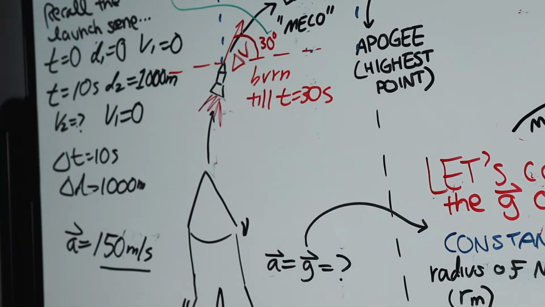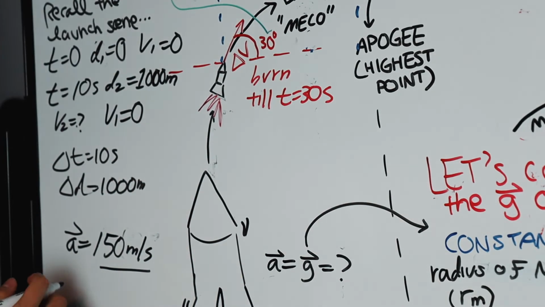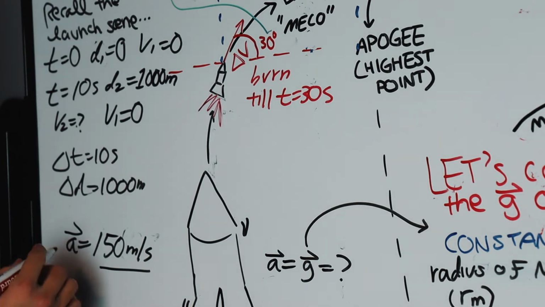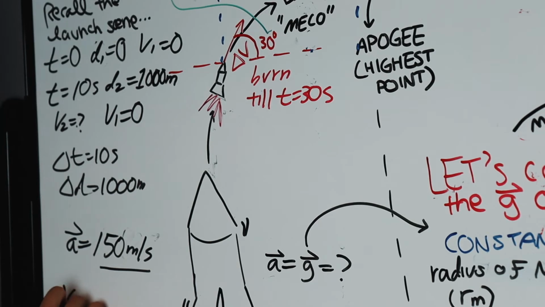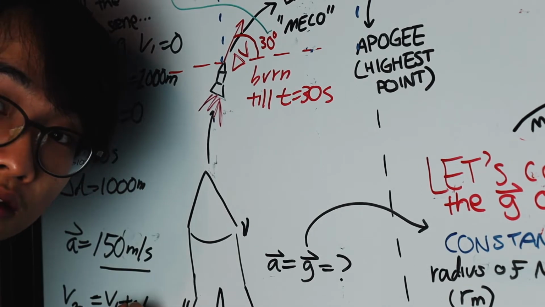Which kinematics formula can we use in this equation? Very simple. We got displacement, we got time, we got V1. We're going to use V2 equals V1 plus at.